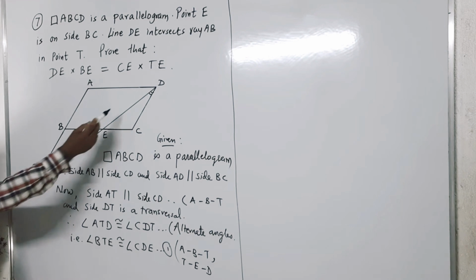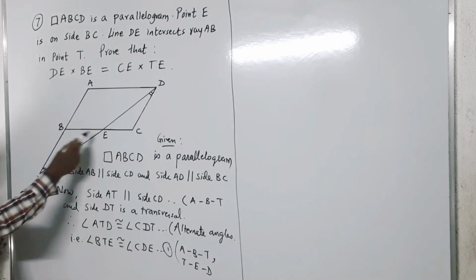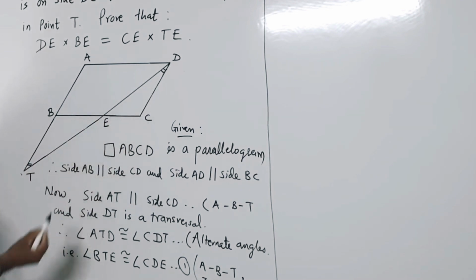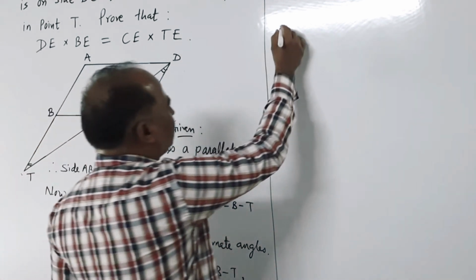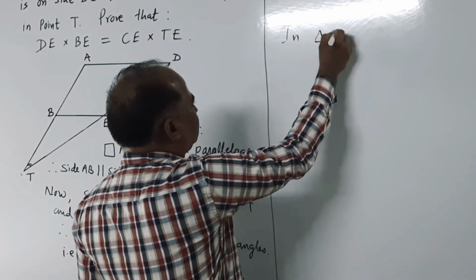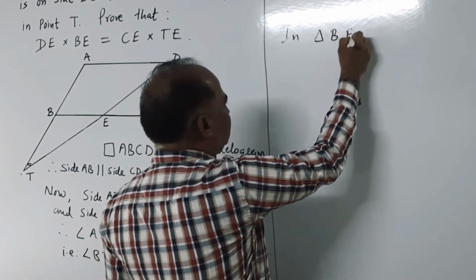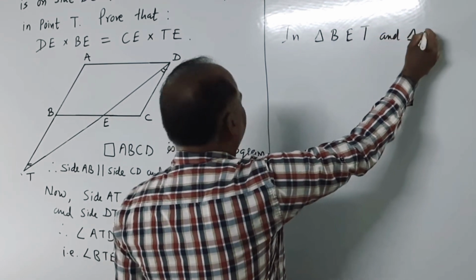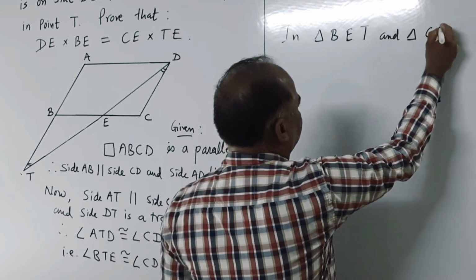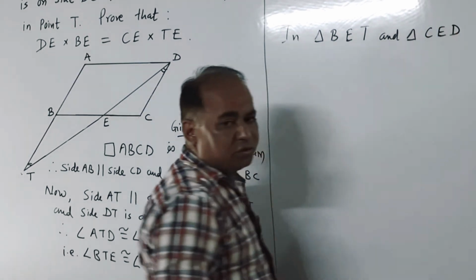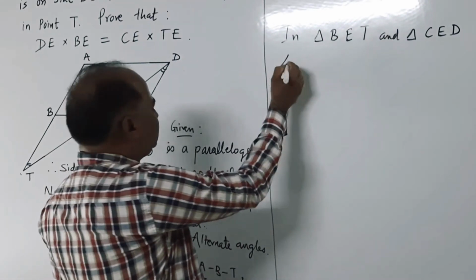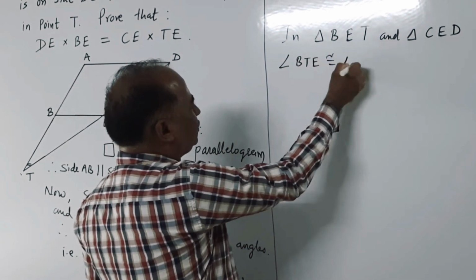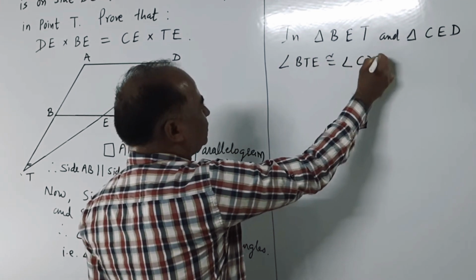Now let us consider these two triangles, triangle BET and triangle CED. In these two triangles, angle BTE is congruent to angle CDE.